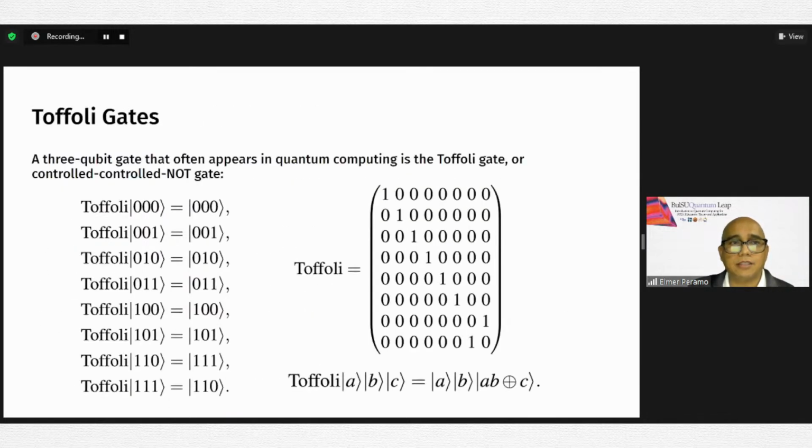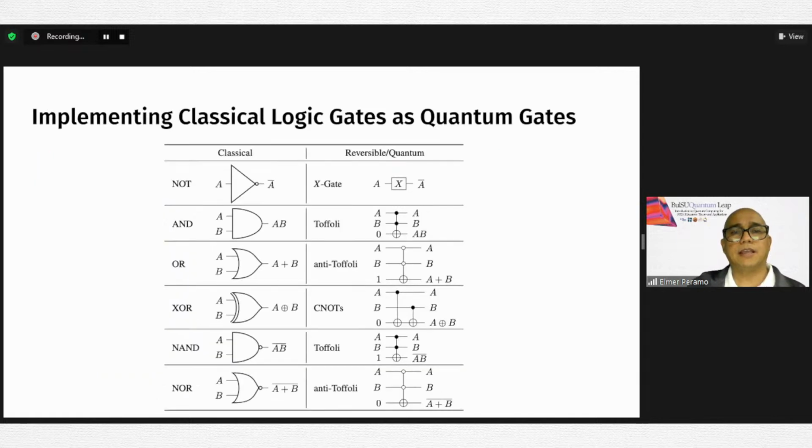And for multiple qubits, there are other types of gates like the Toffoli gate for a 3-qubit gate. I'm just showing here a comparison of the classical gates and the quantum gates. In the classical sense, we have the NOT gate. In the quantum sense, we have the X gate, the AND, the Toffoli gate, the OR, anti-Toffoli XOR.